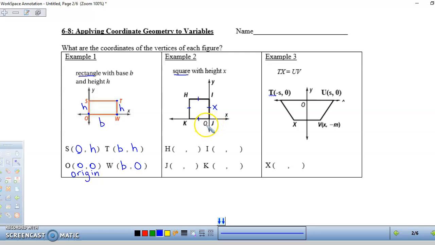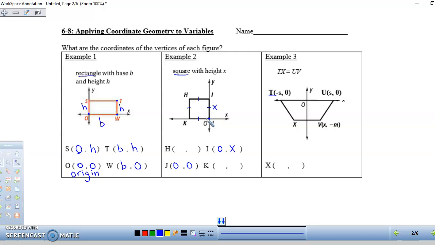This O right here is just standing for origin in this picture. The point is actually J. So J is at 0, 0. Okay, and then if I was going to go to I, I go across 0 and then up x, so a length of x. Okay, if I was going to go to H, you always start at 0, 0.